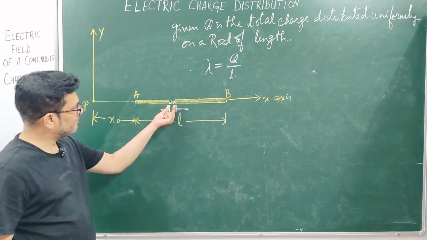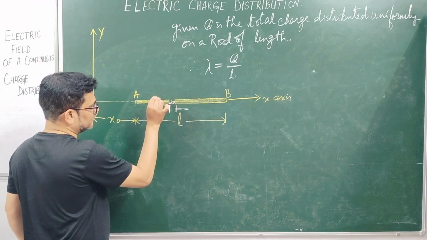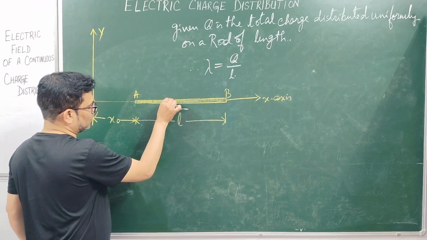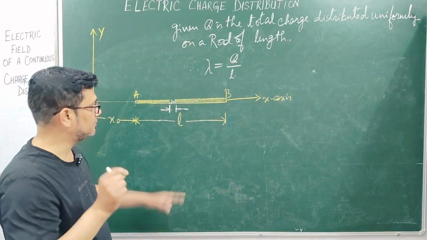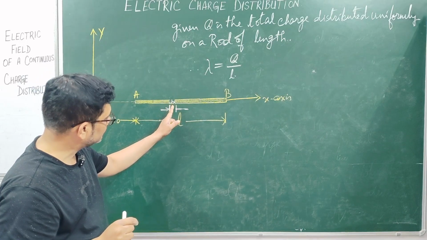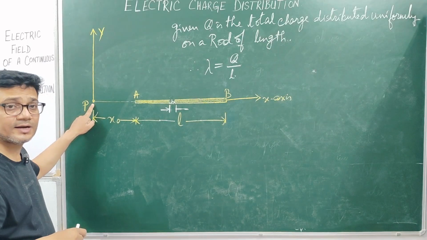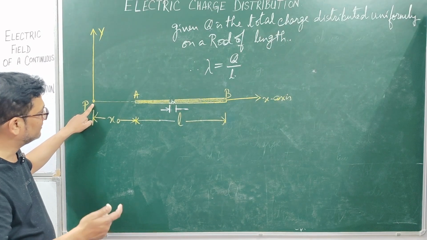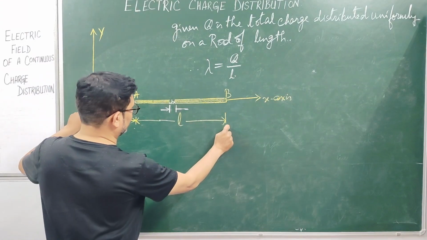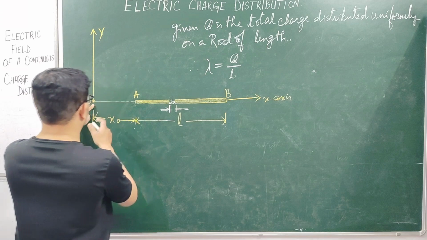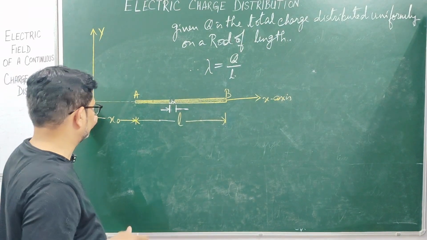We have taken an elemental length dx, and in this dx we'll find the elemental dq, and because of this elemental dq, what is the elemental electric field at this point? And then we'll move further to integrate from this point to this point to find the total net electric field. So firstly, we'll try to get the equation, the function.